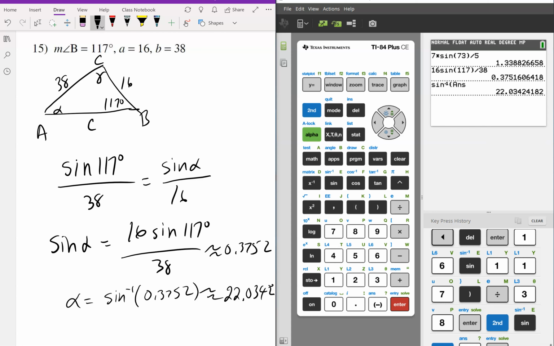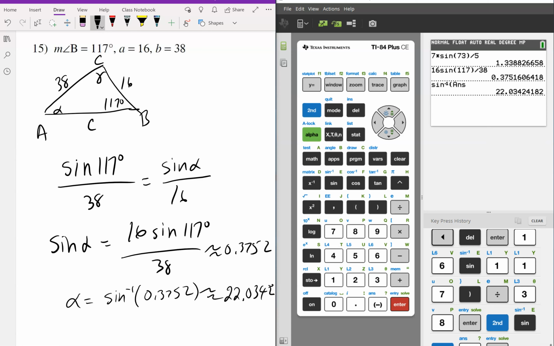Now I said that when we use the law of sines to find an angle, we should always see if there's a second triangle. Well, in this case, that's a pretty easy thing to do. Notice that this angle is already 117 degrees.